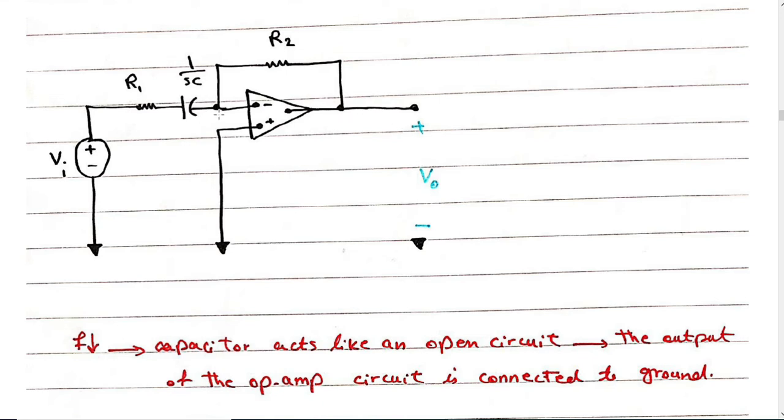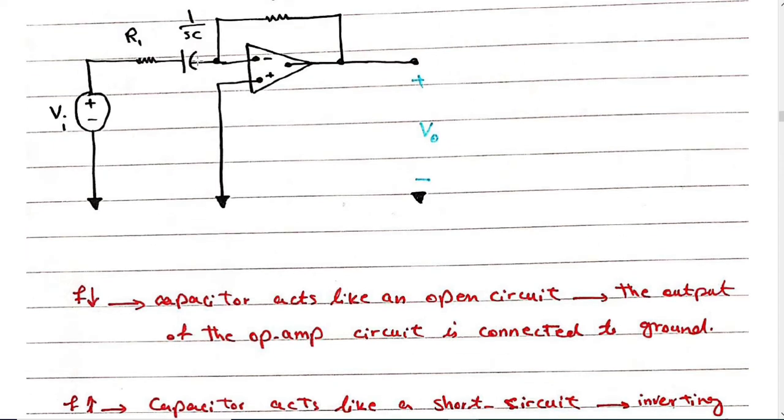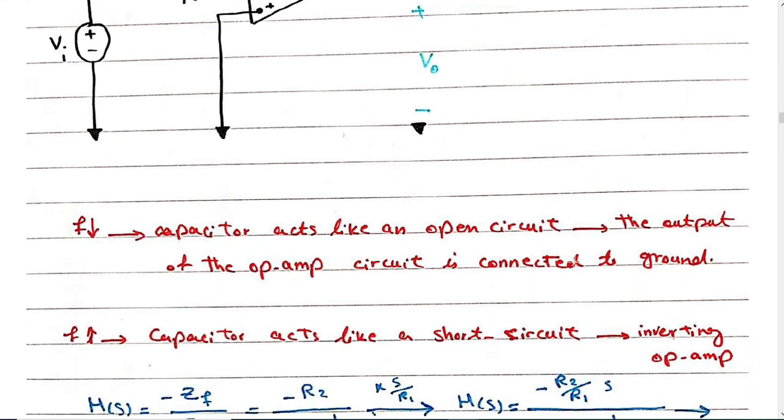This is the open circuit, so this is 0. There is no current in this resistor. Because this is 0, this is 0, Vout is 0. But at high frequency, the capacitor is a wire, a short circuit over here. So we have an inverting op-amp.